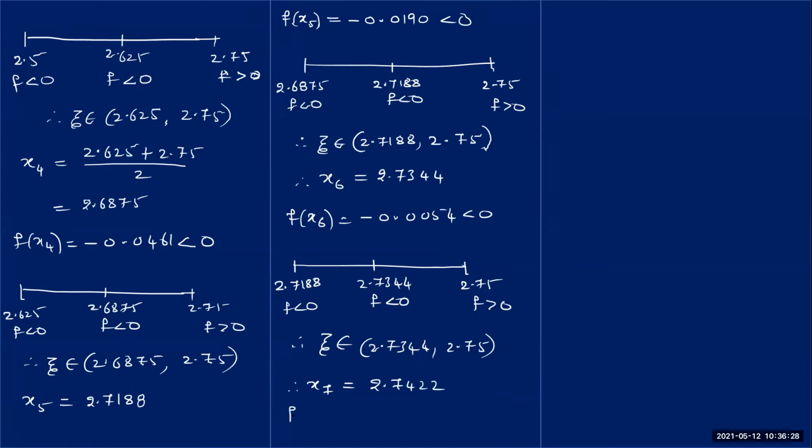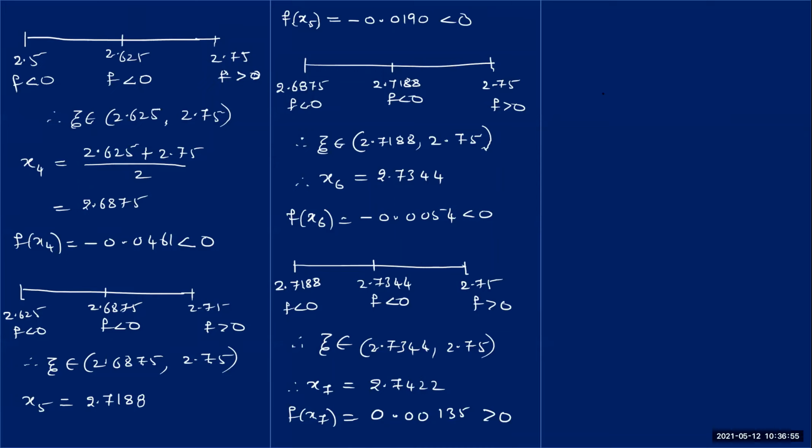Now if you calculate the function value at the seventh approximation, f of x7, this is 2.7422. I got it as positive this time, 0.001355. Now when you compare x7 and x6, still we have only one decimal accuracy.